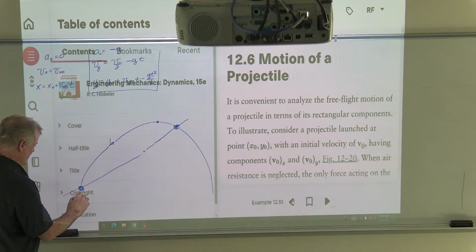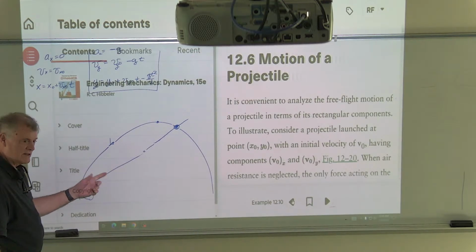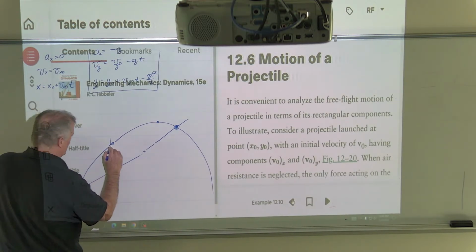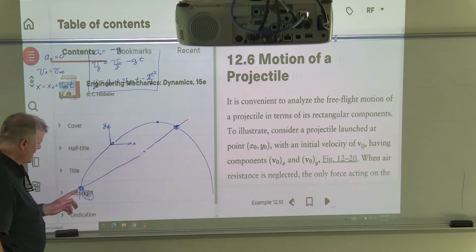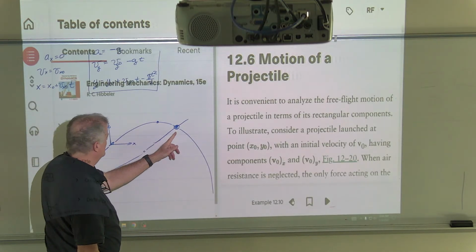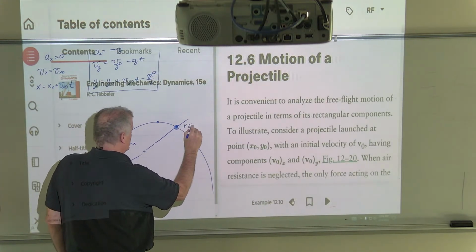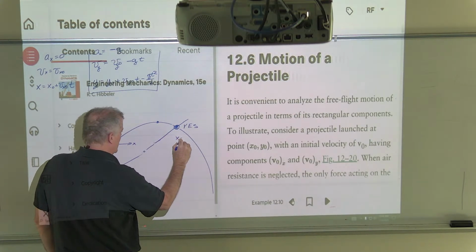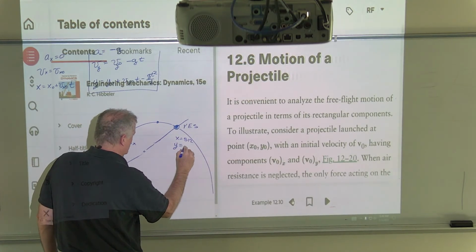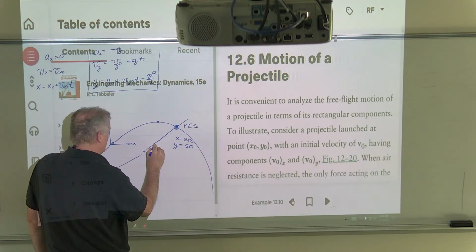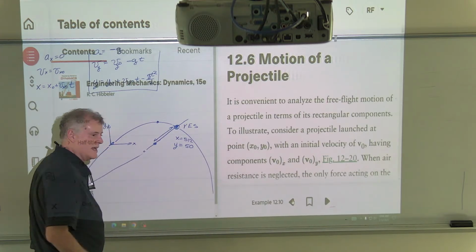One is no. You'll get a number, you'll get an X, and you'll get a Y. I shouldn't erase that. You'll get an X and a Y, but you'll also get this one. And this is the one that your solution is looking for. Once you get this, you'll get X equal to, I'm making stuff up, 512, and Y equals 50. And from there, you can figure out how far it is up here, things like that.